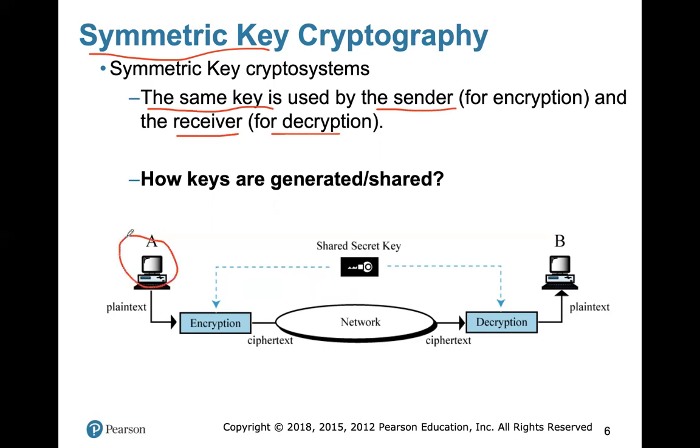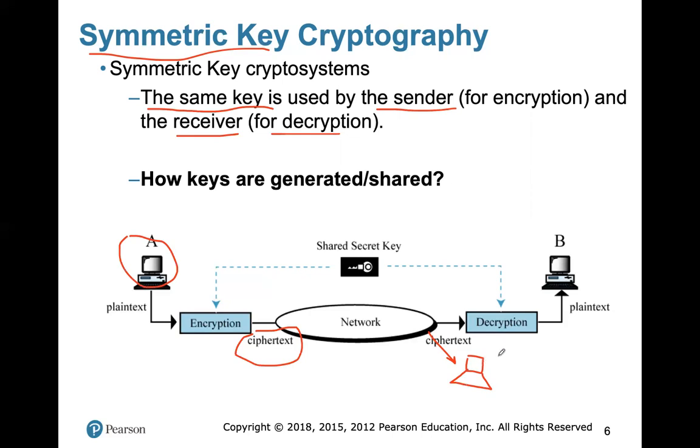that computer A is trying to encrypt some plain text, some data, and then of course it gets the ciphertext after encryption. A is willing to send the data over the network to computer B. Computer B gets the ciphertext, applies decryption, and retrieves the plain text, and now the plain text is ready to be used by B. Of course, there are some other computers here, like C, for example, that may also get the ciphertext, but they don't have the key.